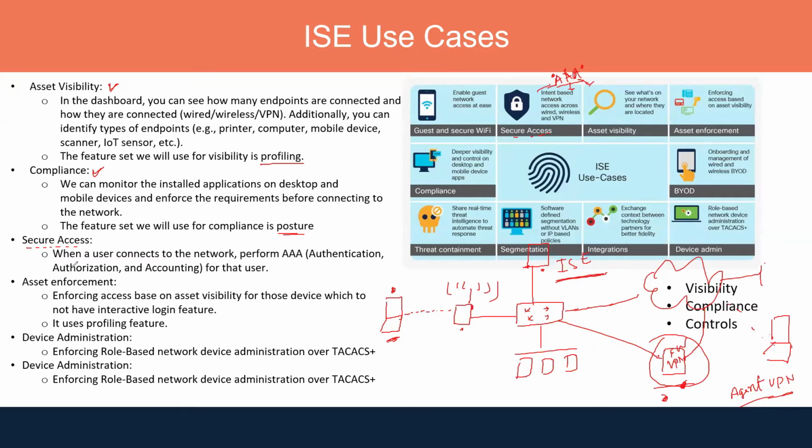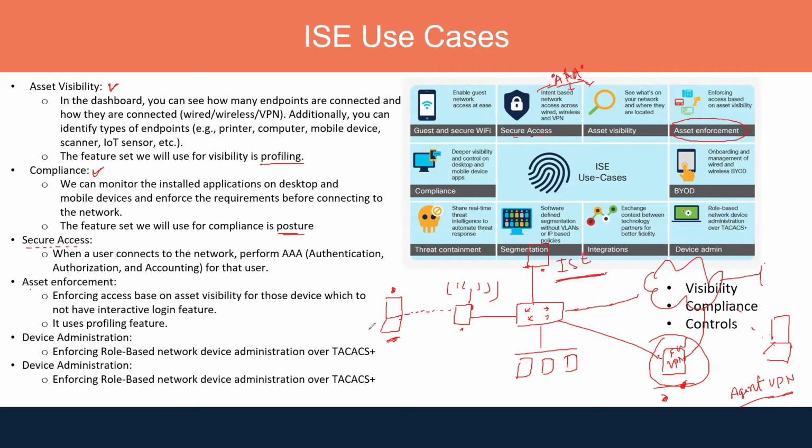Now, this is the third use case. The fourth use case, you can use ISE for asset enforcement. So here you can say, this is the asset enforcement. Now, I will let you know what the meaning of asset enforcement is.